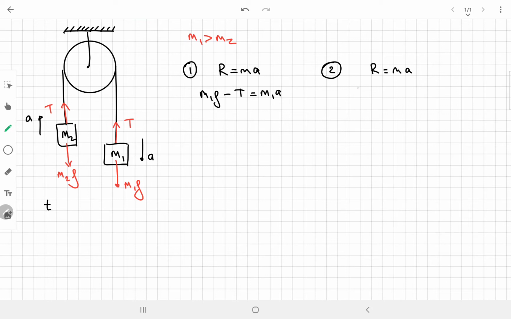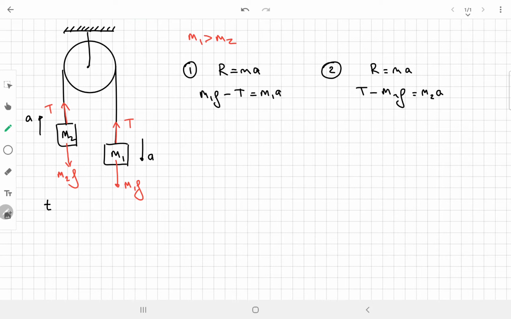So the resultant force is tension minus m2g, equal to its mass times acceleration. These two objects move with the same acceleration because of the rope. If you pull the first object downward by 1 meter, the second object also goes upward by 1 meter, the same distance, because of the rope.